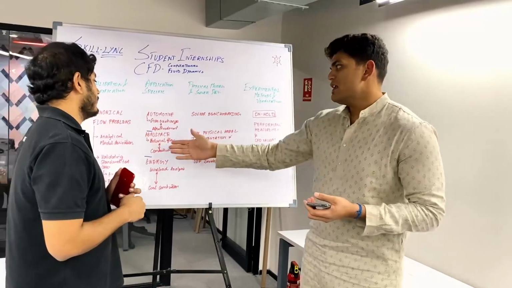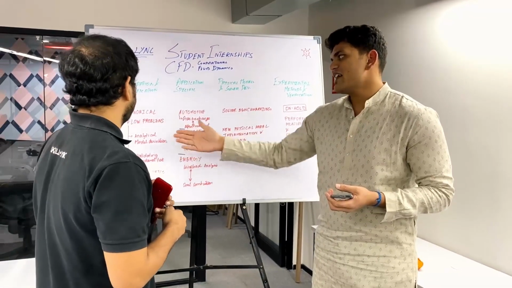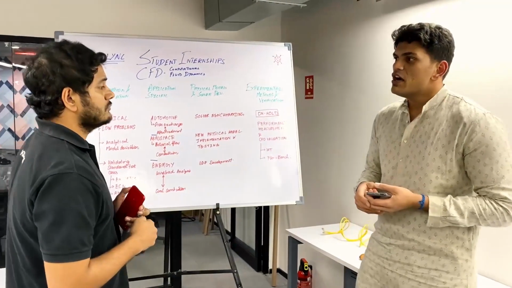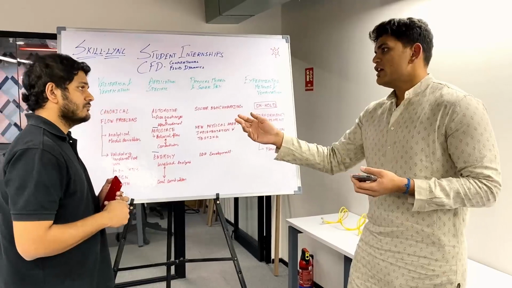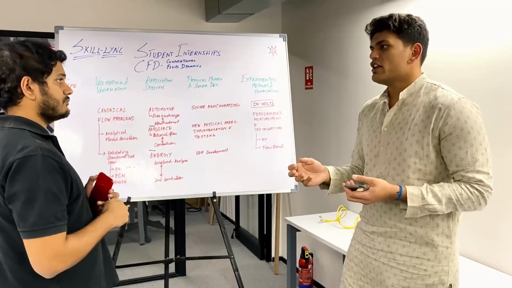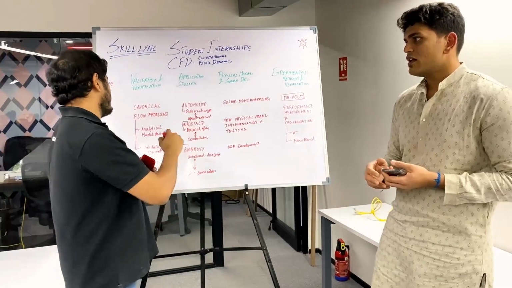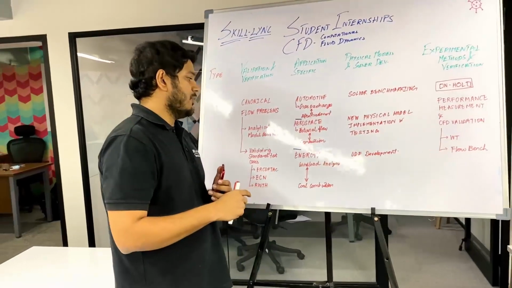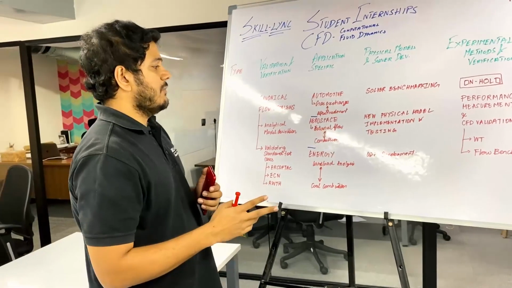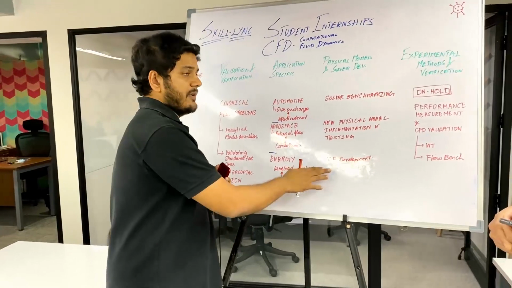Say, for example, let's take a canonical flow problem, and let's take analytical model derivation, right? Say if you're an employer and if you're interviewing a student for analytical model derivation, what type of questions would you ask them? So actually, analytical model derivation might not be a good example to take from a job point of view, but let us say something like a UDF development, right?